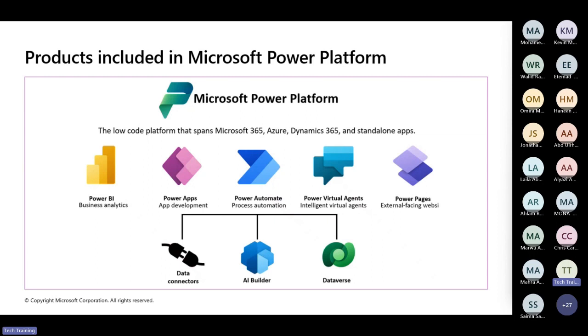What do we mean by that? Whether the data sources for my applications are on-premise, or connected to a source of data that is on the cloud, Power Platform gives you these abilities.